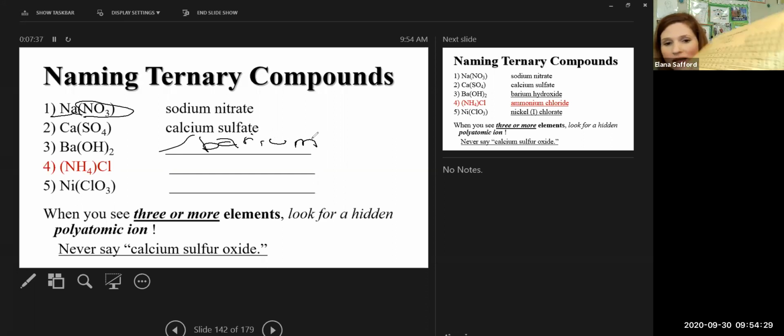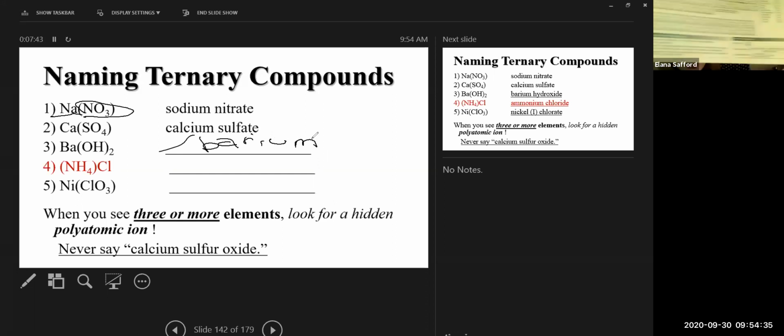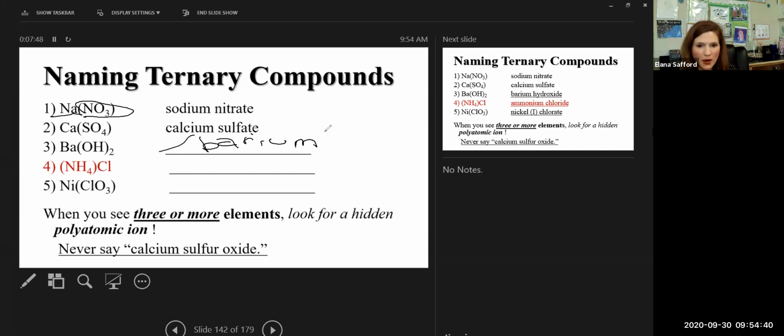You don't have to memorize these. I'm going to find the OH. That is hydroxide. And you're just going to copy the name exactly like you see it. So that's going to be barium hydroxide. It's hard to write. Okay.